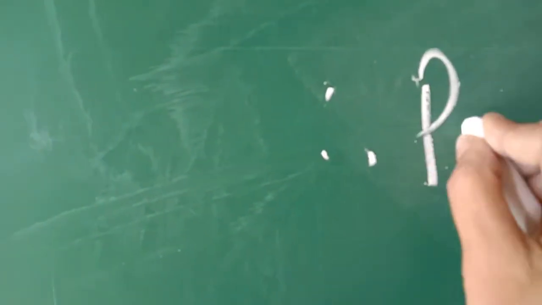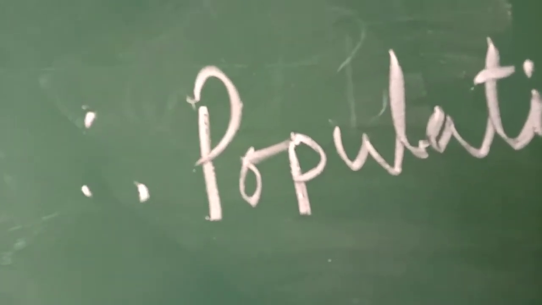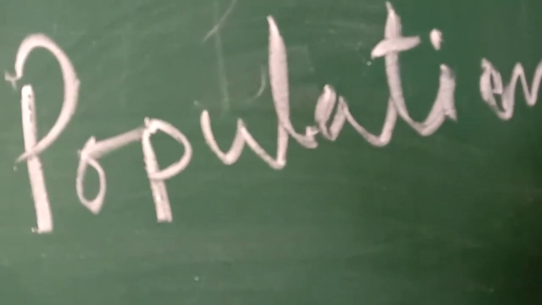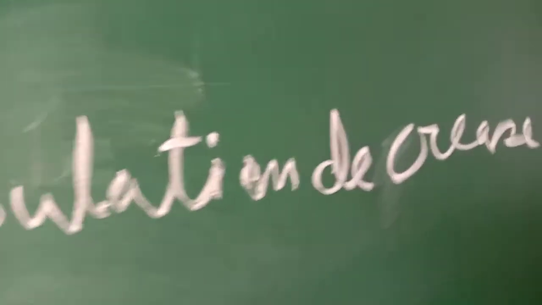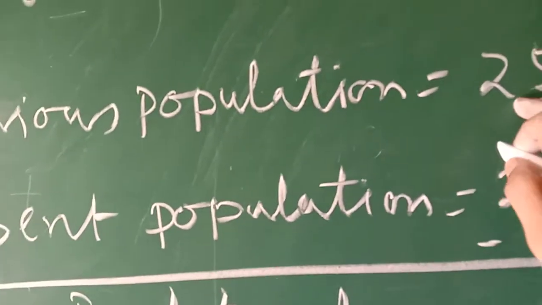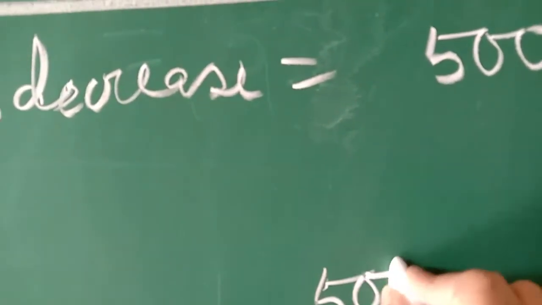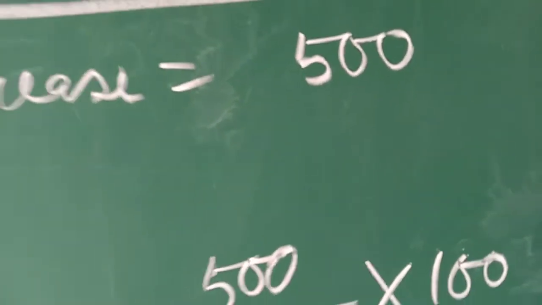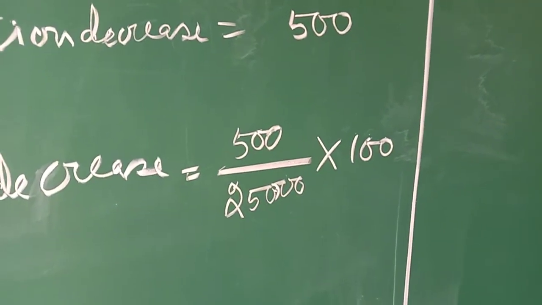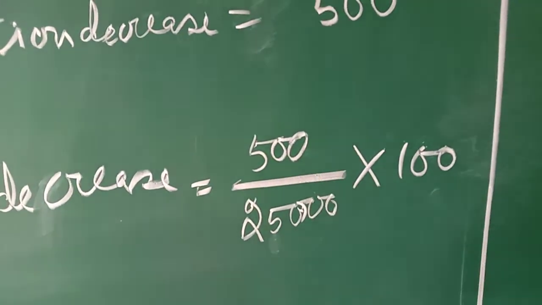Students, tell me, out of what did it decrease? What was the previous population? 25,000. Out of 25,000 it decreases 500, so out of 100, how much? This is the way of finding percentage.